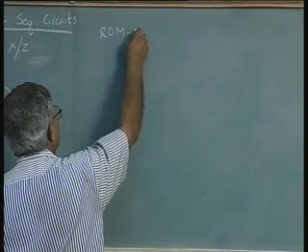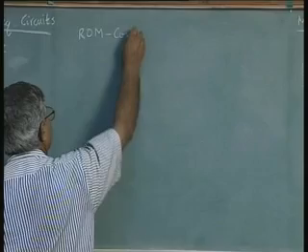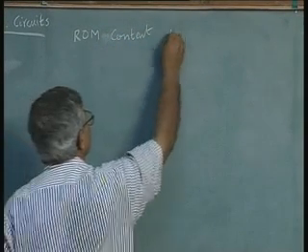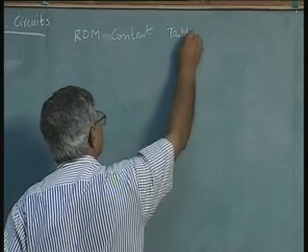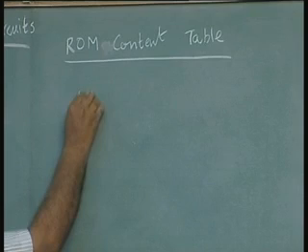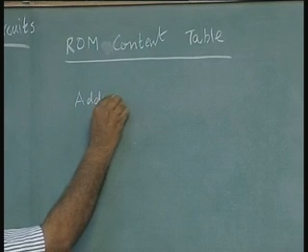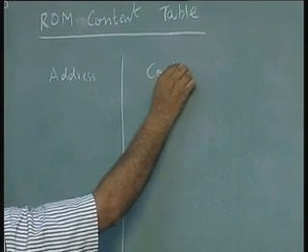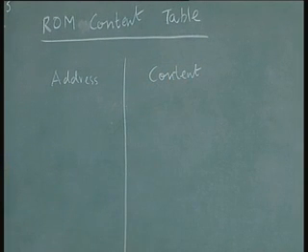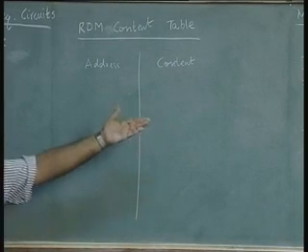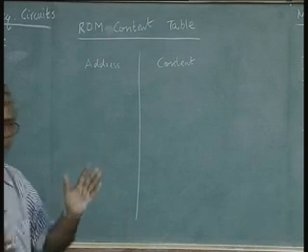The design is not complete until you give a ROM content table. So in a ROM content table, you give the address and the content of that address. It is not a big deal. All you have to do is write it in concatenated form, the binary 0, 0, 0, 0, 1, 0, etc. So concatenate them and give it as a word.